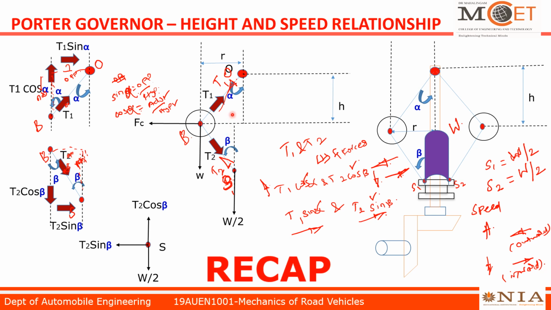We just resolved this tension of upper arm here and tension of lower arm here. We resolved two tensions into four forces, like two y direction forces and two horizontal direction forces. T1, T2 was converted as four forces.